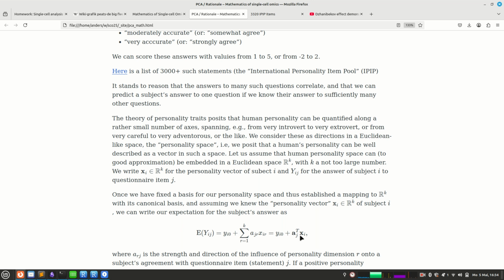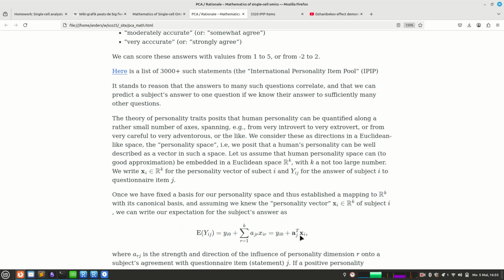You can imagine questions where nobody will really feel comfortable to completely say, I fully agree, but everybody will say I might agree a bit. And other questions where everybody immediately jumps to I fully agree. Or you might imagine a question where you can fully agree, but you cannot fully disagree. And then the mapping from the personality to the question answer is no longer linear, but might be steeper to the positive and to the negative side. And if this is the case, then our PCA won't work well anymore.